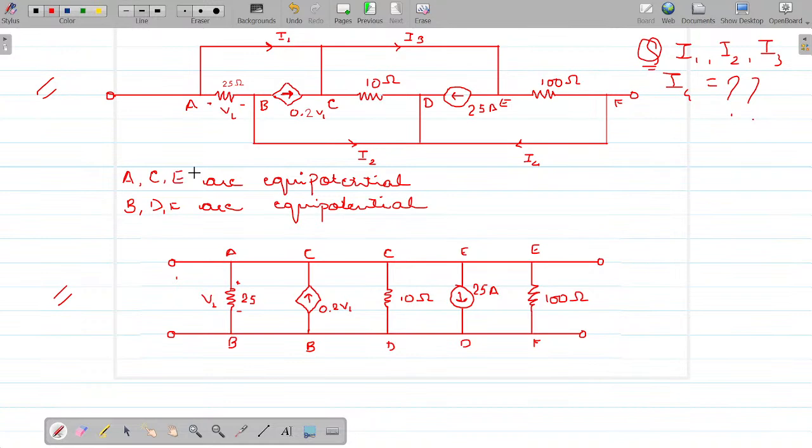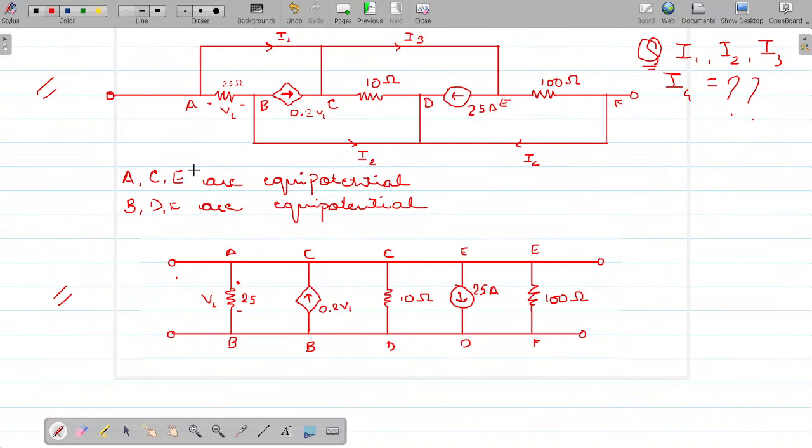Similarly, we deduce B, D and F are equipotential points. So I am redrawing this circuit, and I want you to understand how to redraw any circuit if the nodes you find are equipotential.